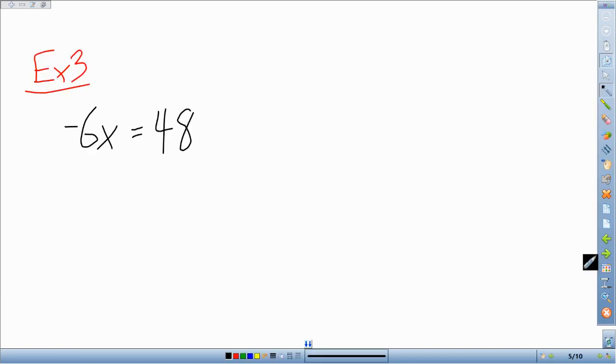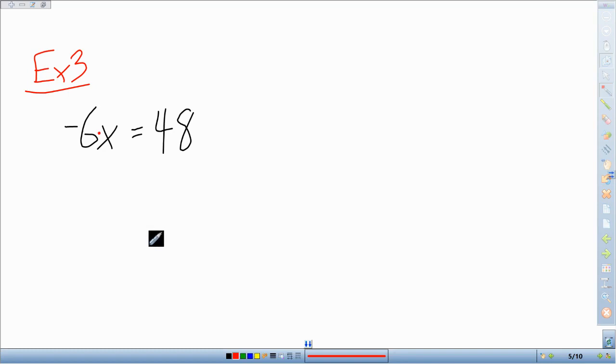All right, so let's see, what do we got here? Now, in this example, go ahead, copy it down real quick. Okay, same idea on this one. We still have x. There's still just one number we need to get rid of. But this time, instead of it being added or subtracted, you'll notice that this negative 6 is being multiplied by x, right?